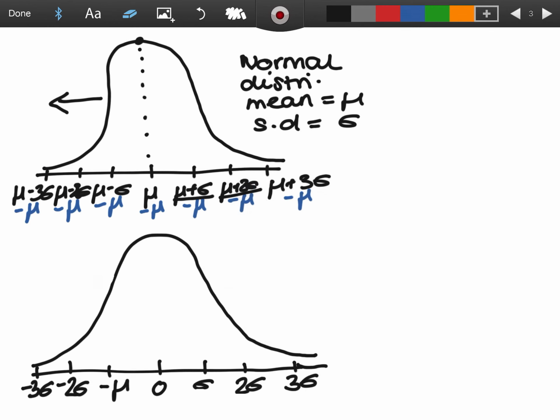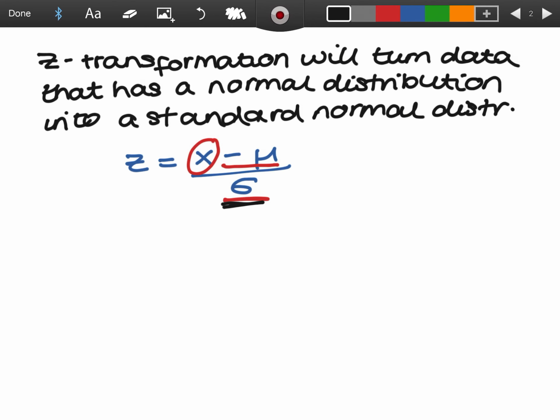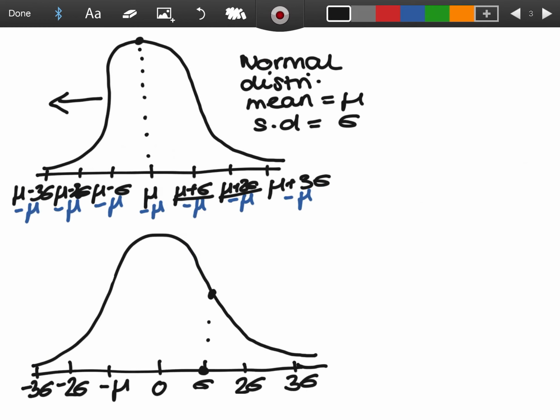But look at what it does to each of my data points. For that data point that is right here at sigma, what's it going to do to that? Well, I'm going to take sigma and divide it by sigma, because all I'm doing to each of my data points now is dividing by sigma. So this data point here is going to go to 1.